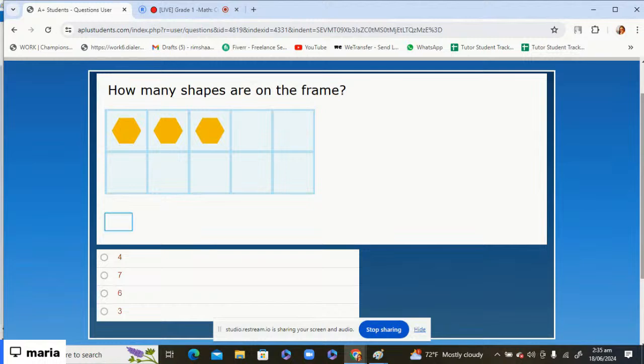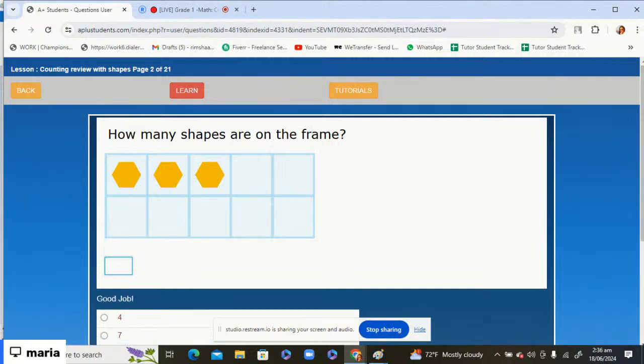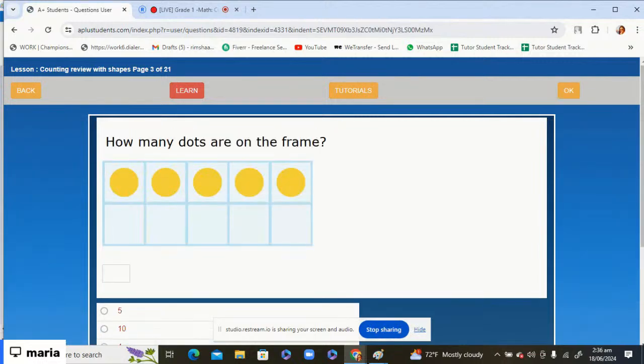So, how many shapes are there on the frame? Count it. Now, count it and then tell me. It's one, two, and three. So, here are three. Then, let's do it with the three. Yes, this is right.